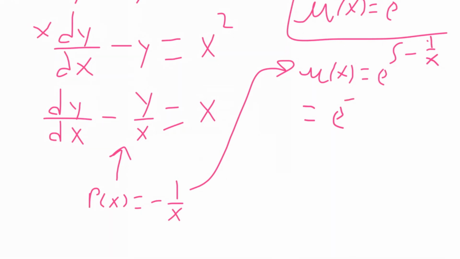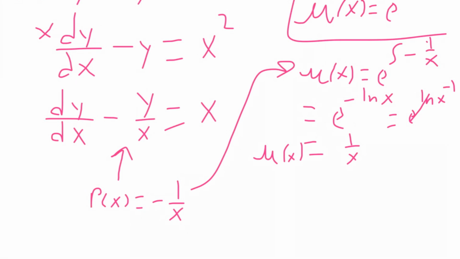There's a minus sign, so minus ln x. And ln and e undo each other, so we're just left with 1 over x. That's because the minus sign serves as an exponent, so when they undo each other, it's just x to the negative 1. So this is your mu of x.